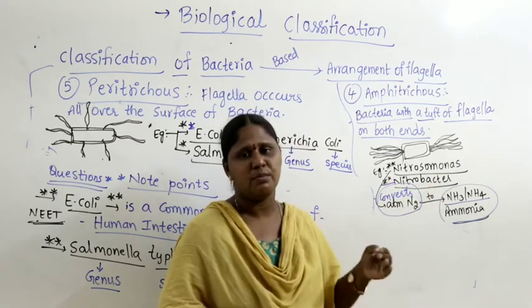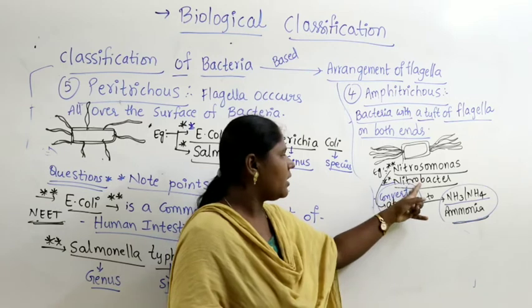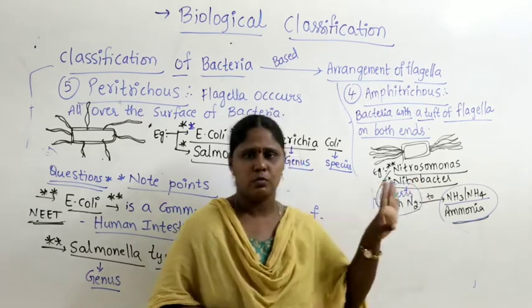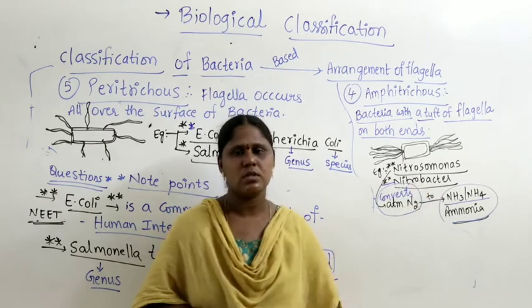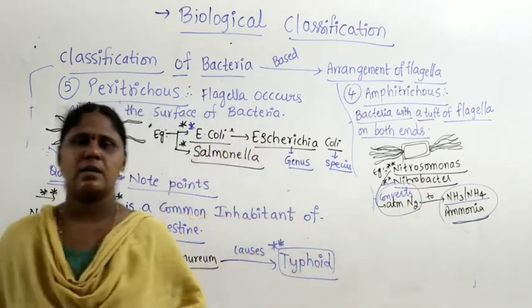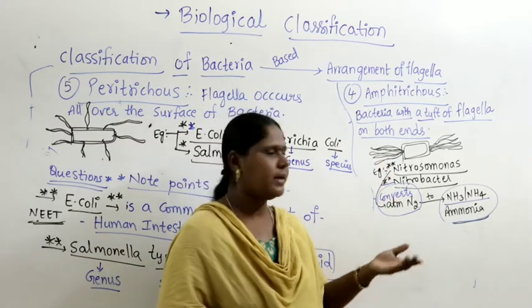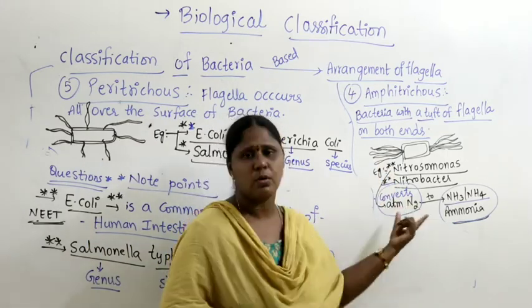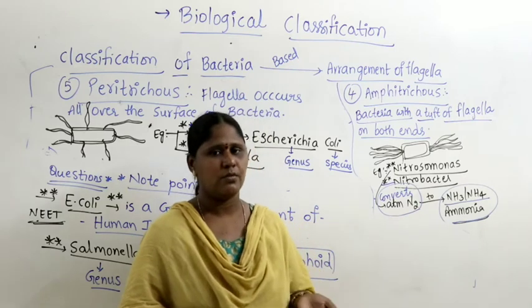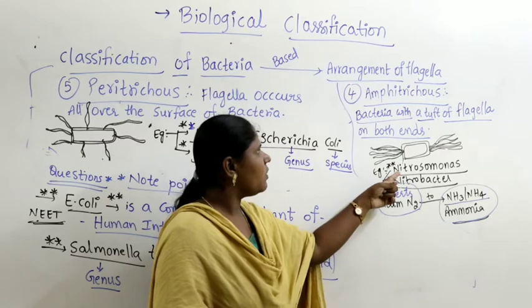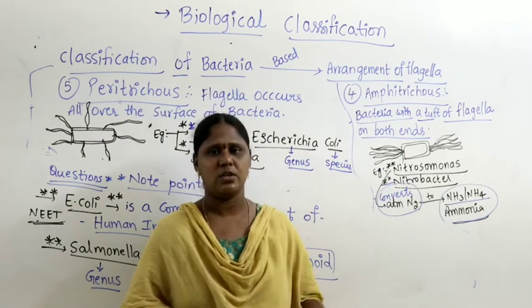You can remember examples like Nitrosomonas, Nitrosococcus, Nitrobacter. There are so many different bacteria. Mostly these bacteria are involved in the conversion of atmospheric nitrogen into ammonia. We need to stress this point even in our second year syllabus. At that time we will discuss the role of these bacteria and how they are involved in the conversion of atmospheric nitrogen into ammonia, in the form of the nitrogen cycle. At that time I will ask you, Nitrosomonas contain what type of flagella?